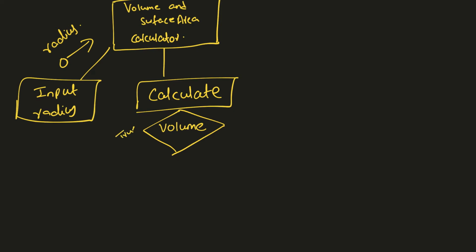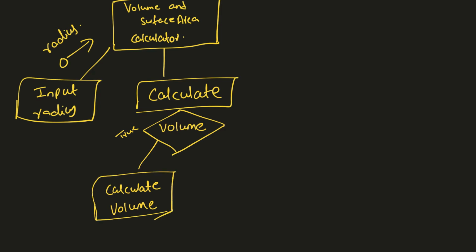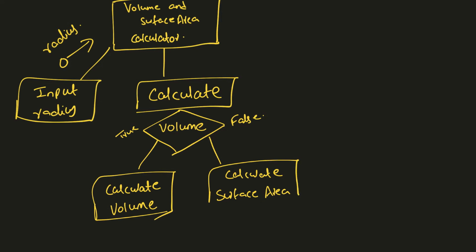If you need to calculate the volume, then you'll move over to the calculate volume part of the structure chart. And if you don't need to calculate the volume, then you'll have the calculate surface area part of the structure chart. So we're laying out the basis of how this program is going to work.